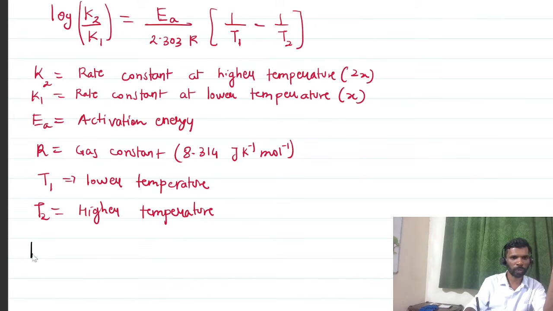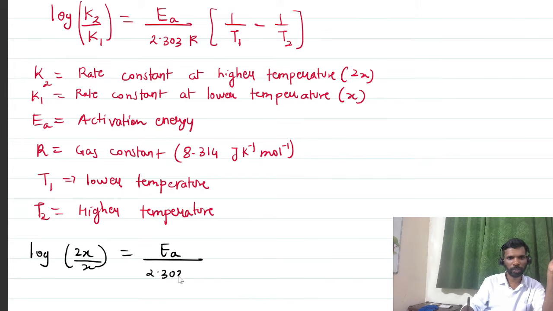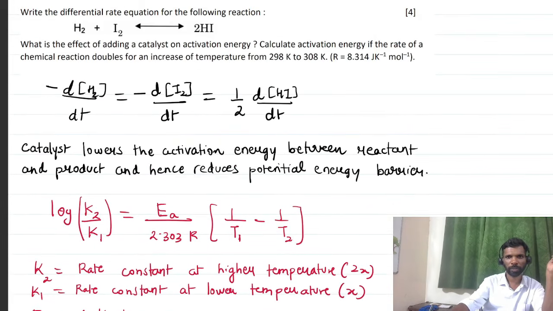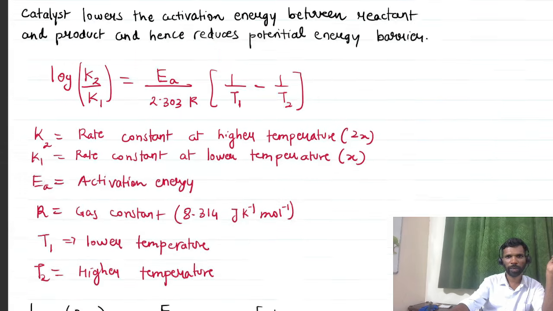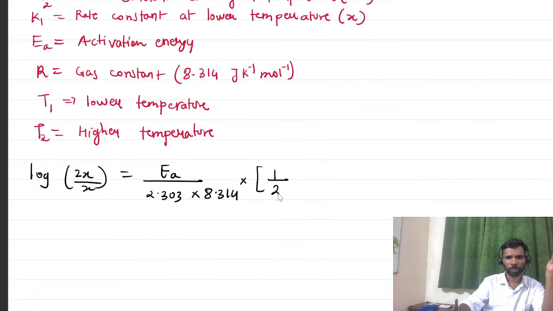I write it this way: log of 2x upon x is equal to EA, the thing you need to find, upon 2.303 into R, which is 8.314, into (1 upon T1, the lower temperature, that is 298 Kelvin, minus 1 upon 308 Kelvin).